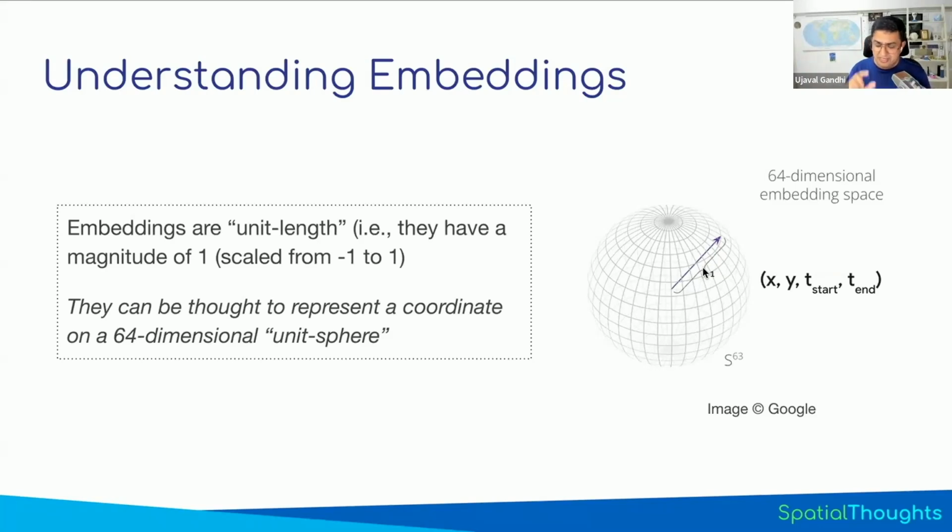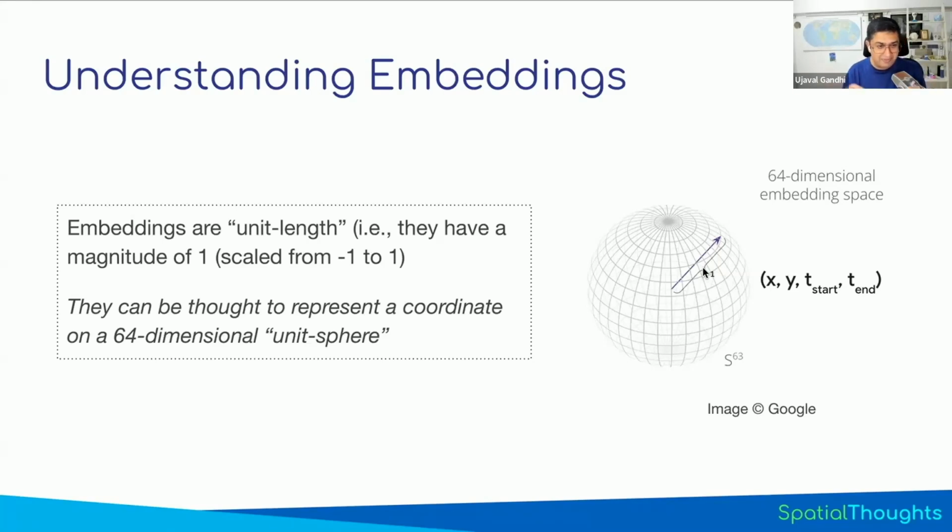That means if you take the 64 values and compute the distance from 0, 0, 0 to the values, it will be 1. So the length of the vector will be 1. That means the radius of the sphere in that 64-dimensional space would be 1. And that's a useful thing because a lot of machine learning models also expect things to be normalized between -1 and +1. And again, this unit length has really interesting properties that help with the downstream task.